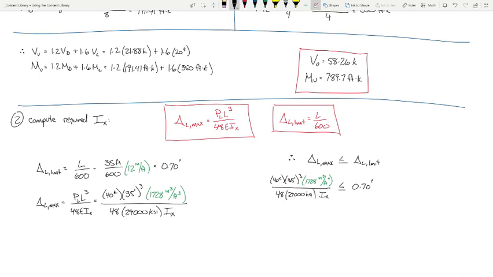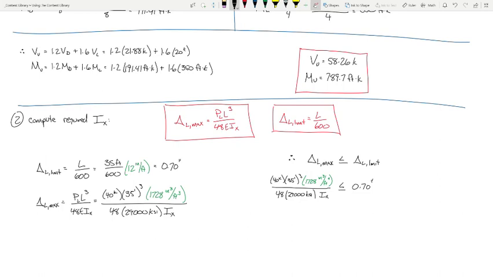Okay? So here's how I'm going to handle this. I'm going to take the IX, move it over here, the 0.7, move it over here. So I'm basically saying IX has to be greater than or equal to all of that.